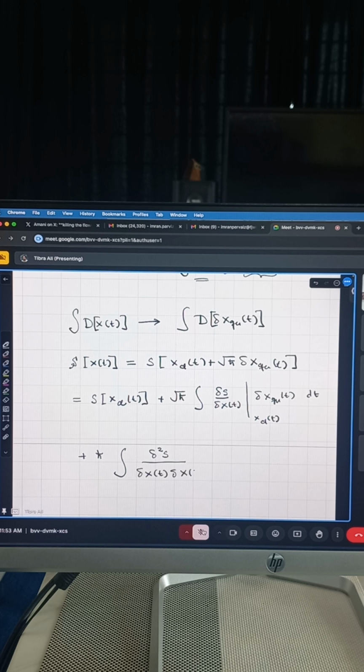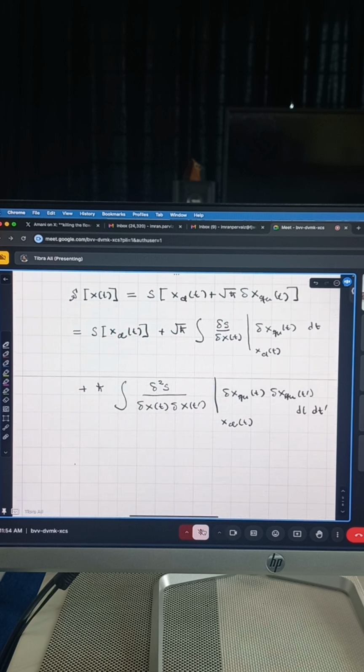And again, we evaluate it on the classical path, and now we will have delta x quantum of t and delta x quantum of t prime, and here the integral is over two factors, dt and dt prime. And then we have higher order terms, higher order in h bar.